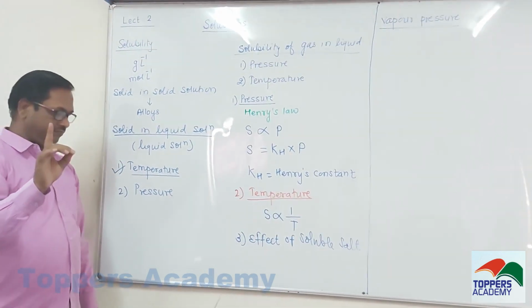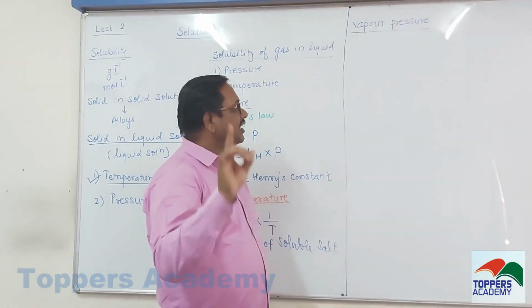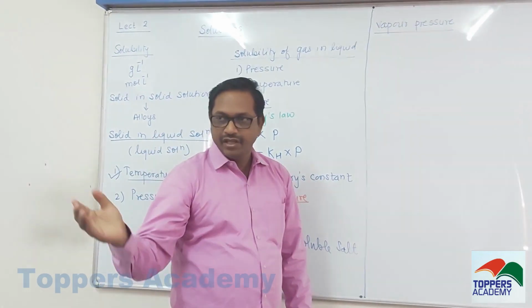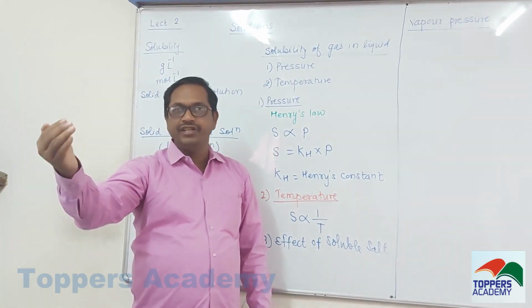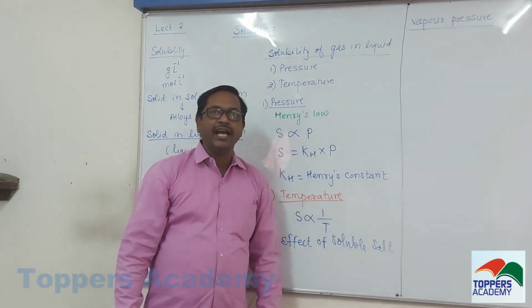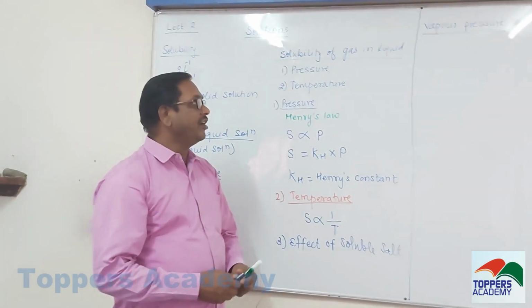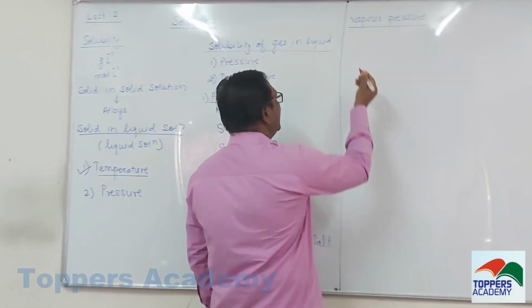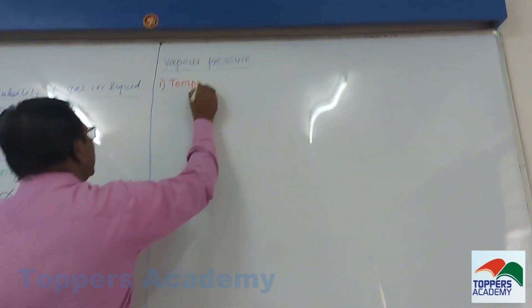See again, what is vapor pressure? The pressure exerted by the vapors of a liquid on its surface which are in equilibrium with the liquid state at a given temperature is known as the vapor pressure of liquid here. Vapor pressure of liquid is affected by mainly three factors here. The first factor is the temperature.